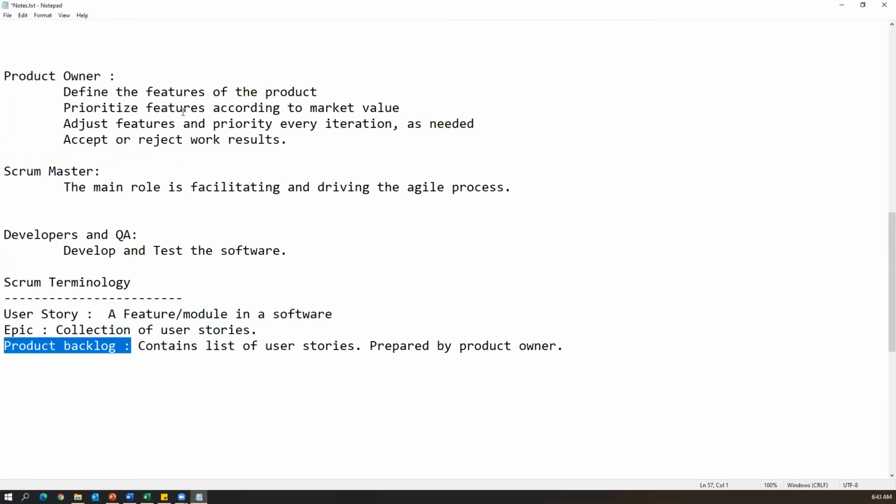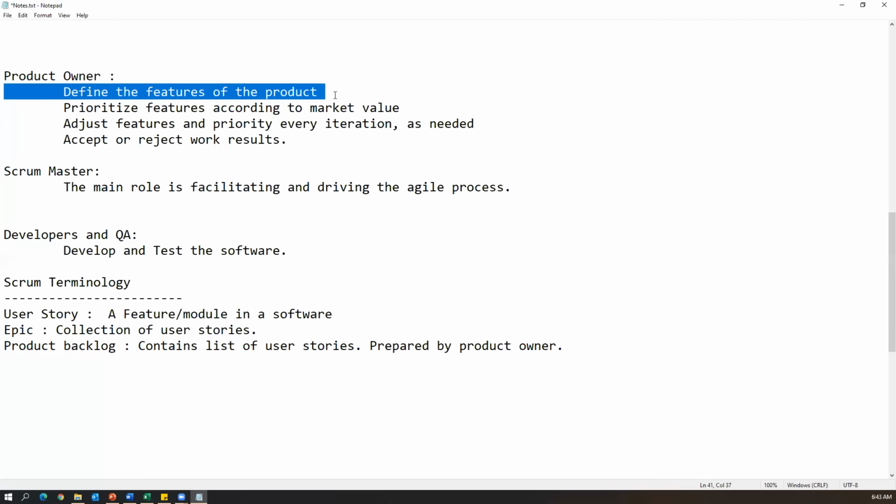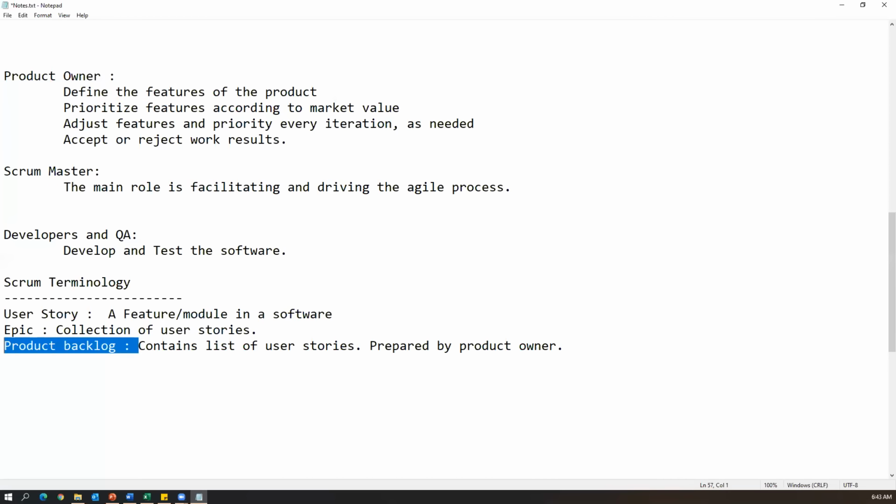The product owner. He will prepare the features of the product in the form of stories and epics. And the product backlog is a kind of document, an Excel sheet, which contains all the stories defined by the product owner. That is called a product backlog.